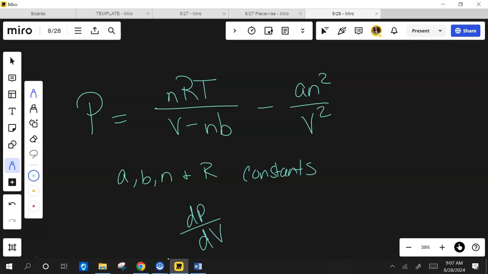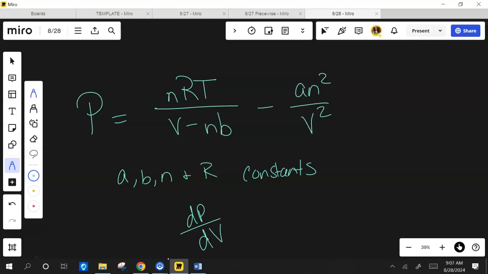find dP/dV. All right, listen what it's asking. This is very intimidating. Find the derivative of P with respect to V. Remember, we've been doing dy/dx, right? We're doing y with respect to x. X is my variable that I am doing the power rule to, and the quotient rule to, and everything else.